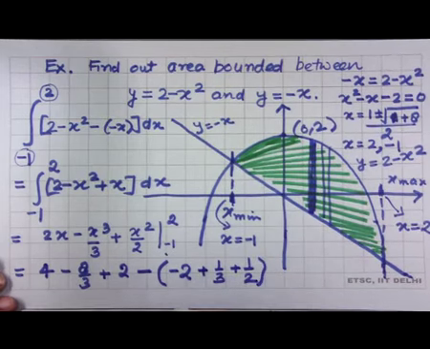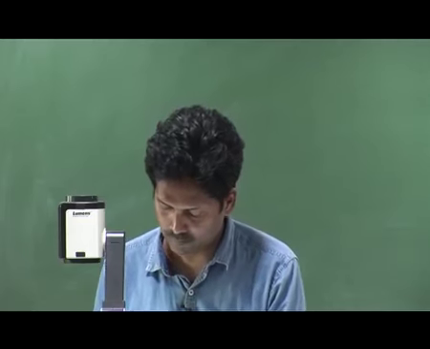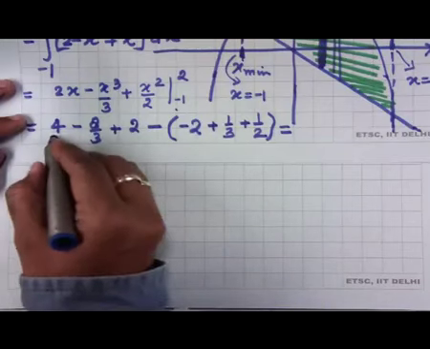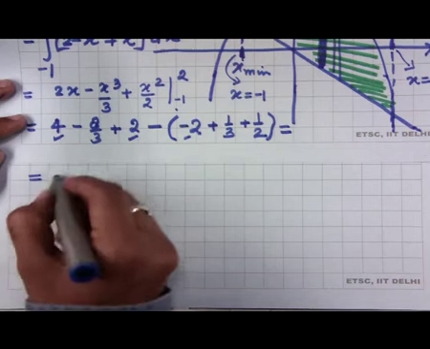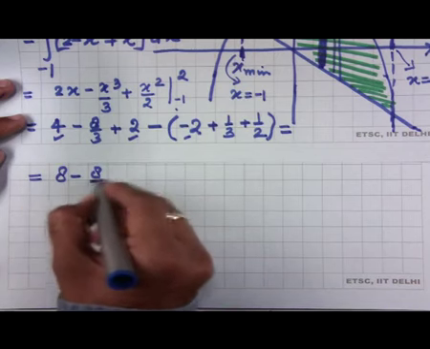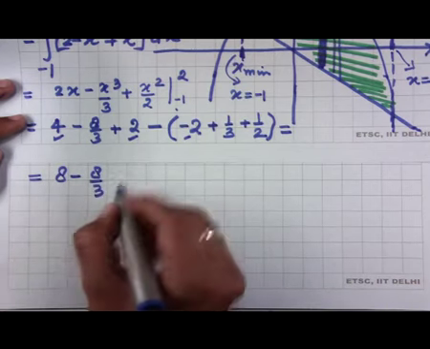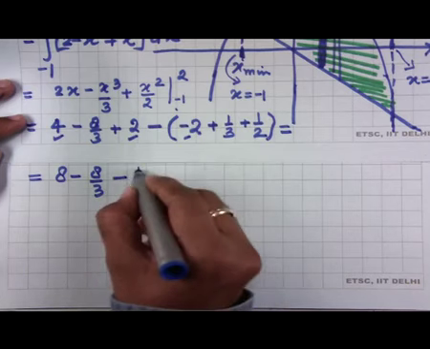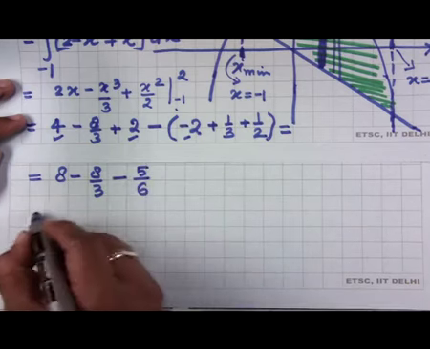So, this is equal to, so this 4, this and this is 8 minus 8 by 3 minus 5 by 6, this is 8.